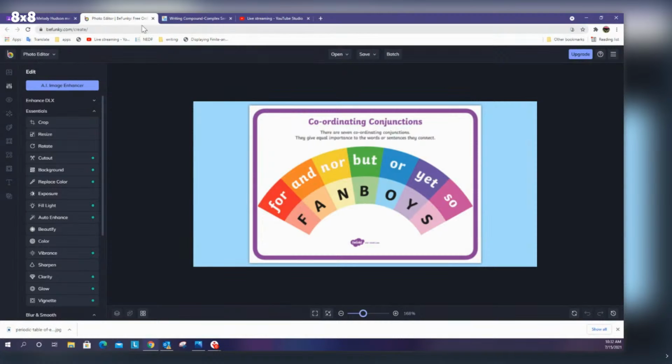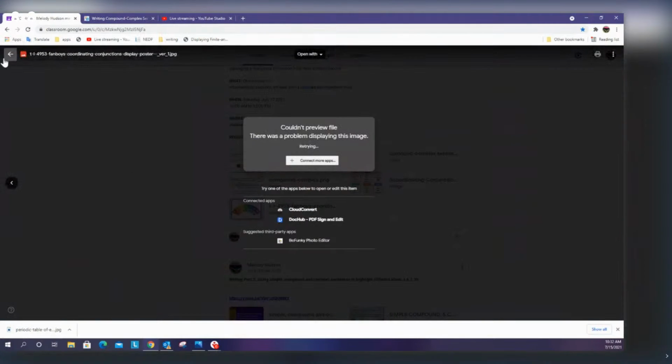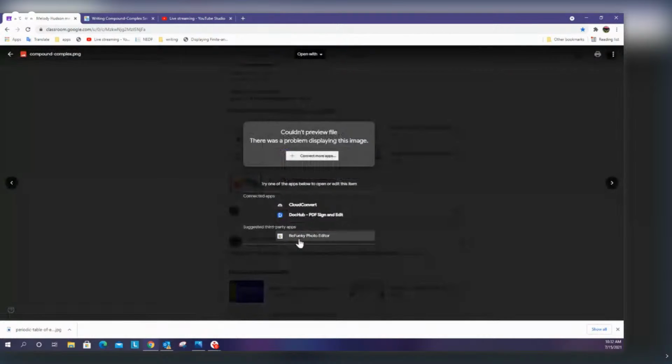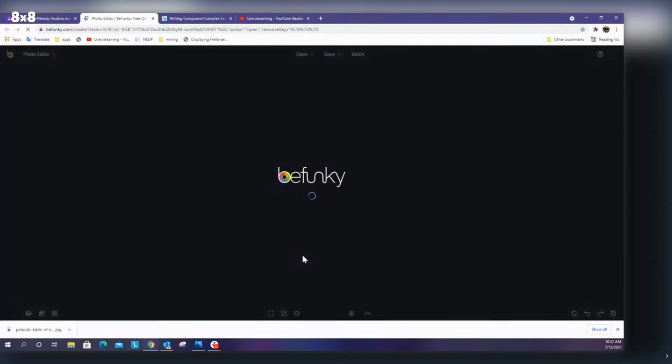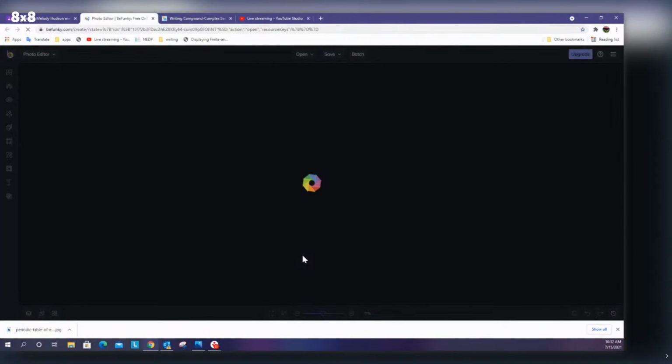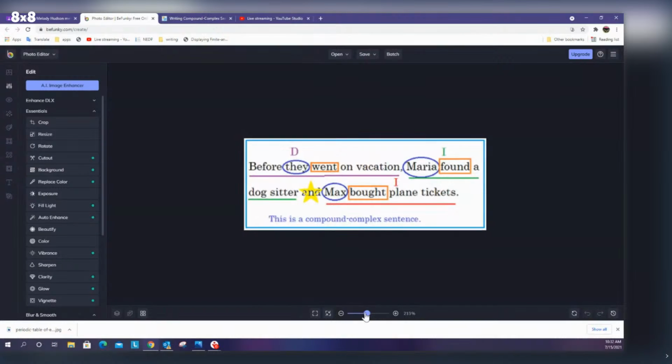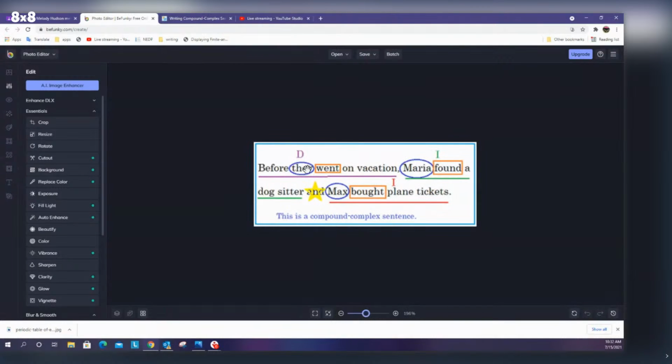So we use those, and then we're going to use this again to show you how this all comes together. A compound complex sentence gives us a dependent clause plus one or more independent clauses.